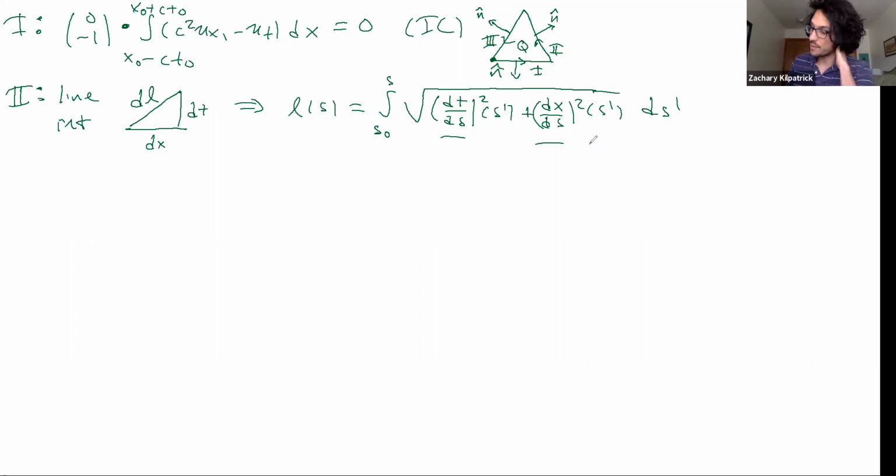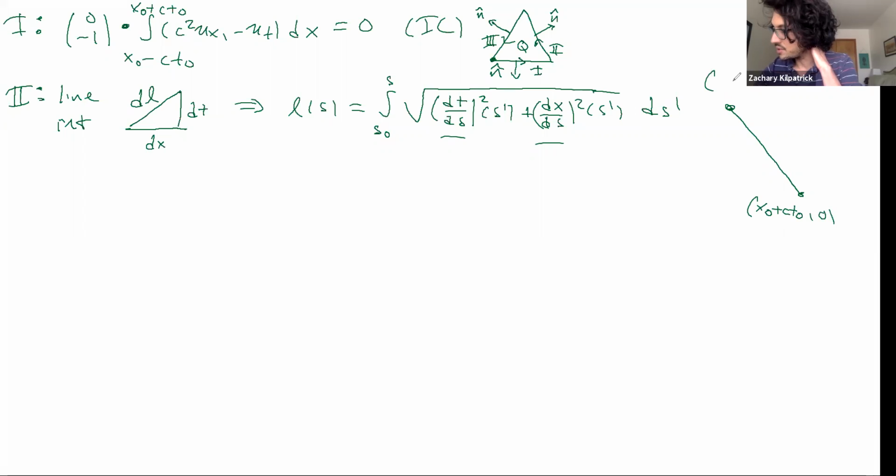So I need to sort out what t and x are as a function of my parameterization S. What's a parameterization I could pick? Remember, this is the line that goes from here up to here. It starts out at the point x0 plus ct0, 0, and it goes all the way up to x0, t0. And S should be increasing as I'm moving up to the left.